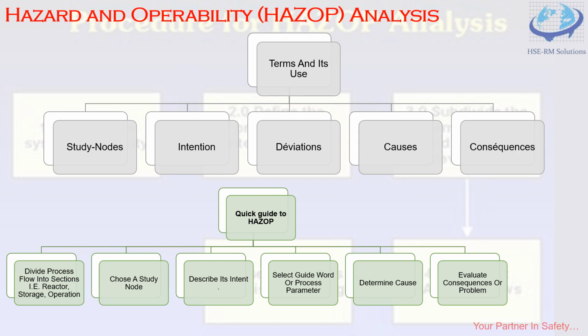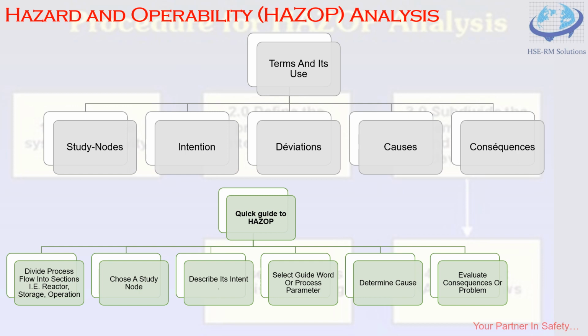We start with the study node. The location at which the process parameters are investigated for deviation is called the study node. The location, correct? Then the intention. The intention defines how the plant is expected to operate in the absence of deviation at the study node. Here we define the ideal function, correct?